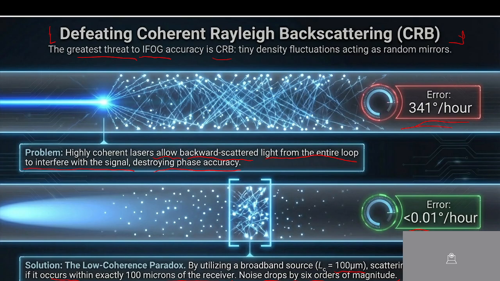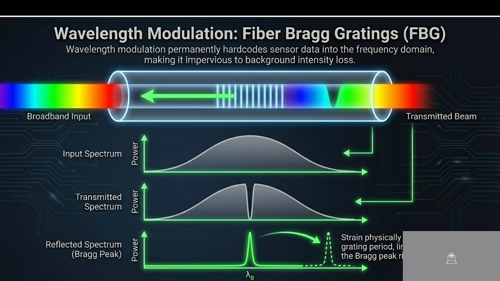So now we have finished the phase modulated sensors. Now we are going for wavelength modulation. For that, the best example is FBG, and wavelength modulation permanently hardcodes sensor data into the frequency domain, making it impervious to background intensity loss.